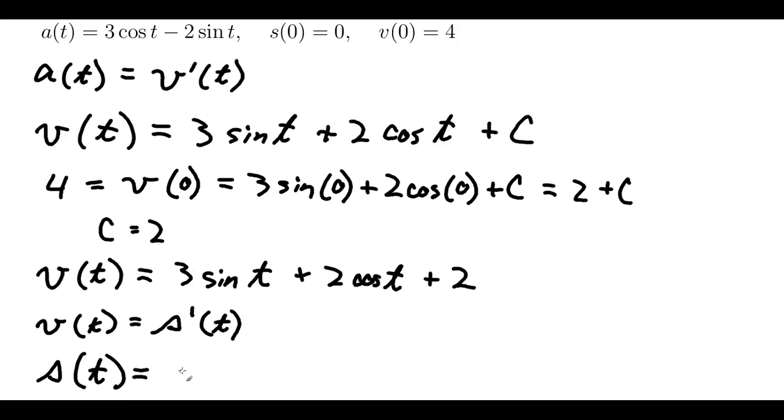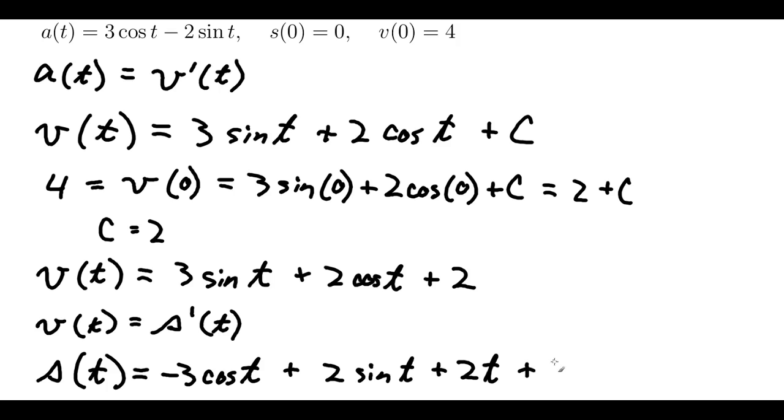So let's do the same thing again. We have a 3. So, okay, what has a derivative of sine t? Well, negative cosine t does. Here's a 2. What has a derivative equal to cosine t? Well, sine t. Now we have 2. Whose derivative is 2? Well, 2t. The derivative of 2t will equal 2.